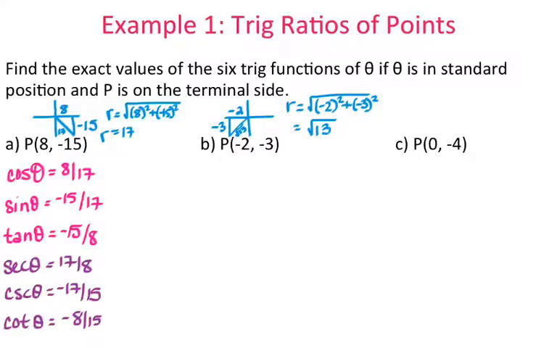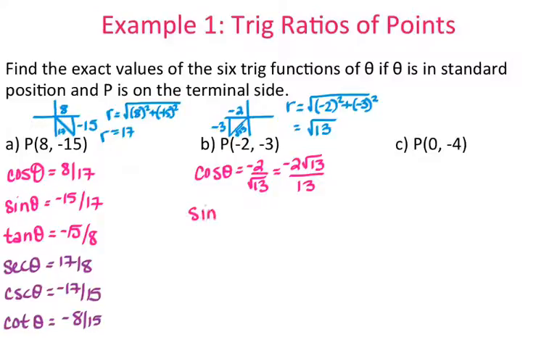Alright, so cosine is adjacent over hypotenuse, or x over r, so negative 2 over root 13. Can't have radicals in the denominator. So that's negative 2 root 13 over 13.